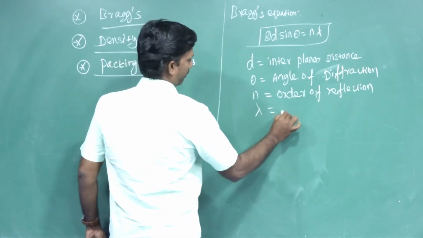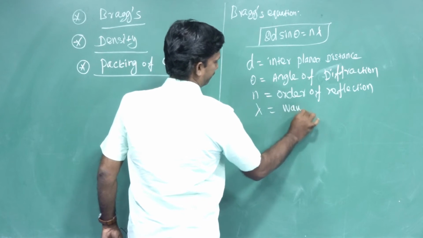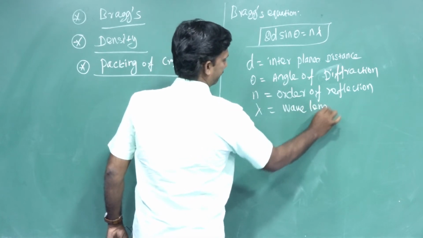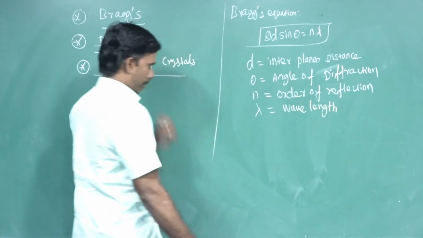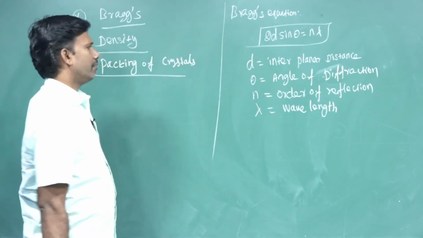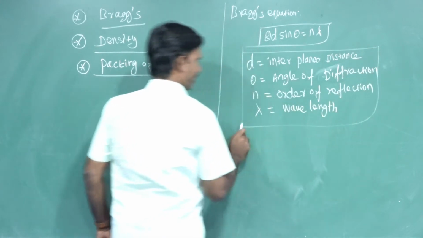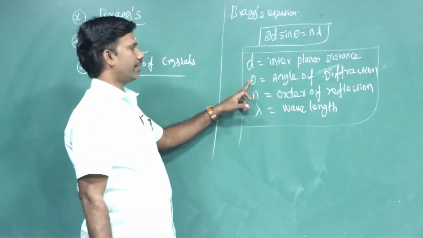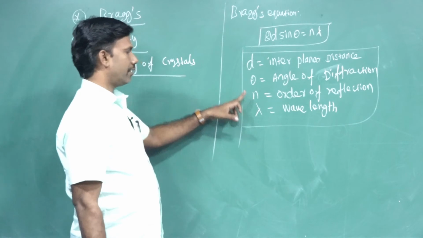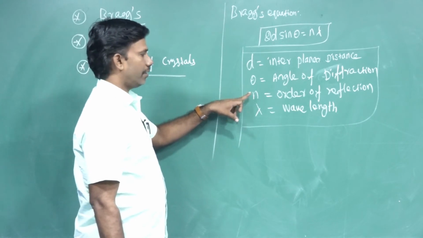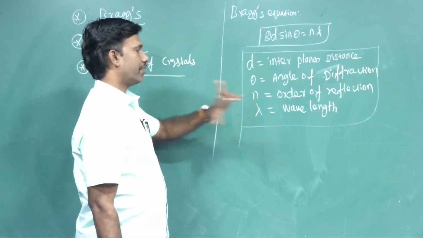Lambda is the wavelength of the ray. Bragg's equation gives the interrelationship between the interplanar distance d, the angle of diffraction theta, the order of reflection n and the wavelength lambda.